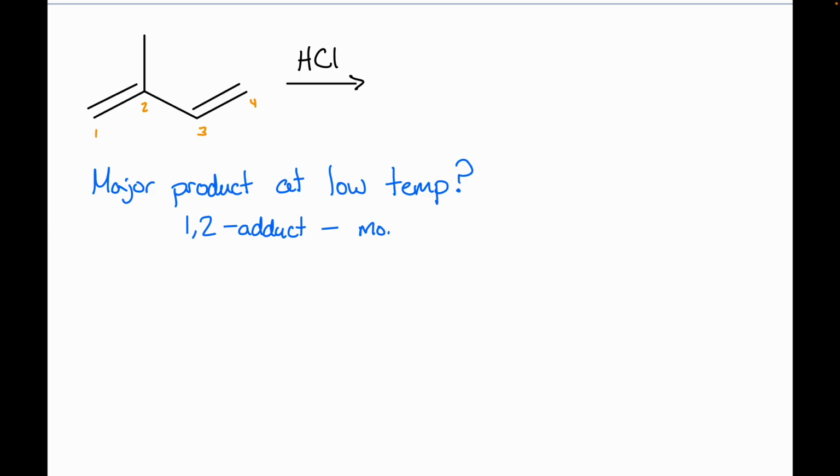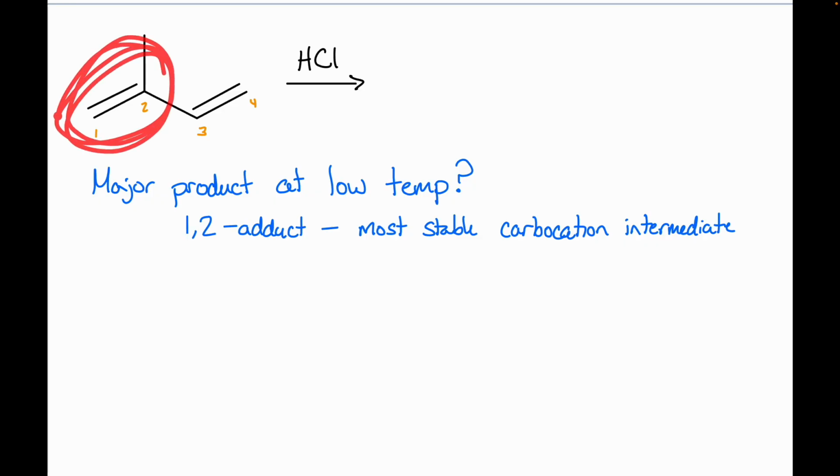All right, but we got to look for the most stable carbocation. All right, so I want you to try to give me your 2 possible carbocation intermediates. The first would be if this first double bond reacted, the one between carbons 1 and 2, and the second would be if that other double bond reacted, the one between carbons 3 and 4.